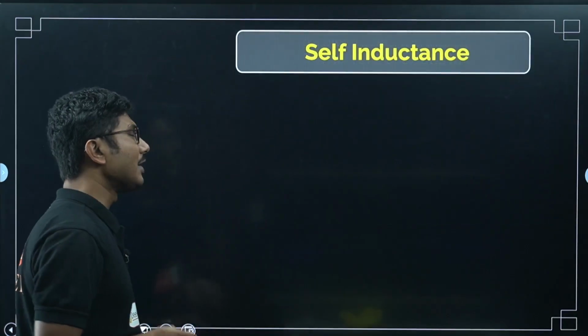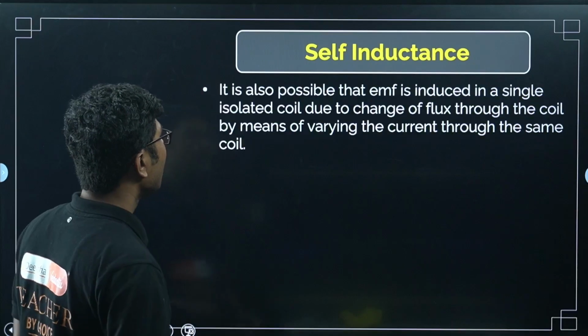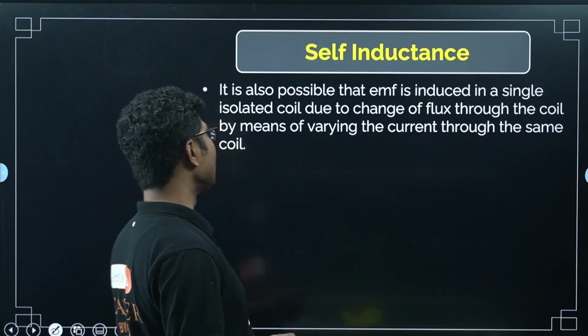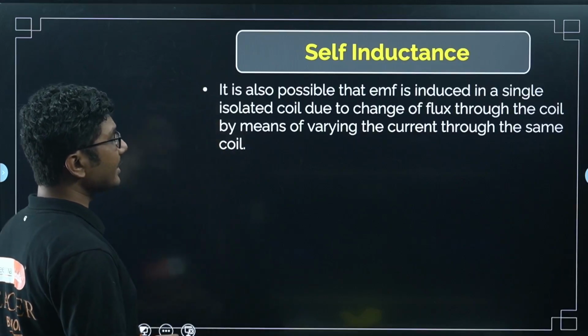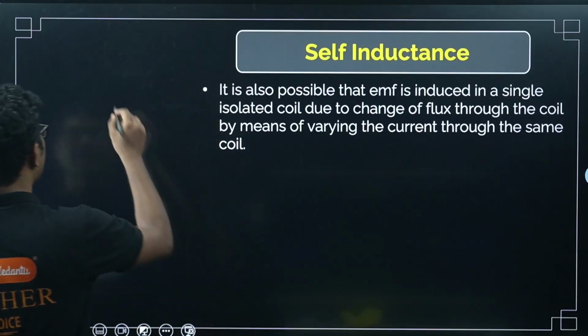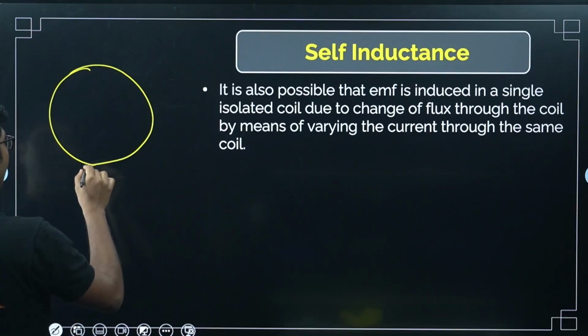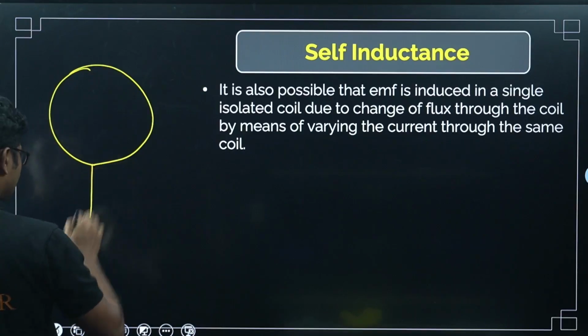Now let's look into self-inductance. This is also very important. It is also possible that EMF is induced in a single isolated coil due to the change of flux through the coil. So I have one single coil, and current is passing through this coil.